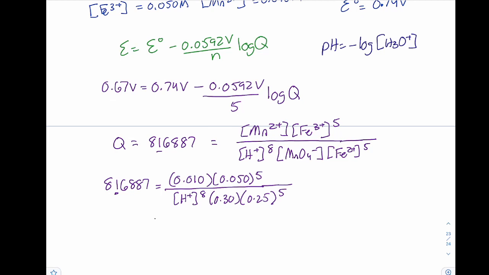And I got that my hydronium ions raised to the 8th power still is equal to 1.3 times 10 to the negative 11th. And I am going to double check that real quick. Hopefully you guys are typing all this into your calculator also.